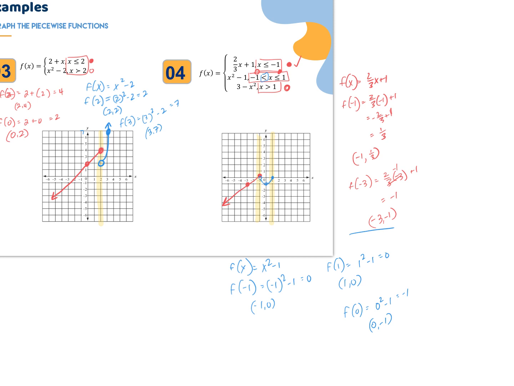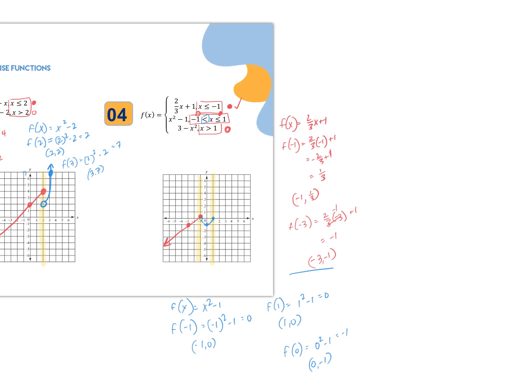And then I'm going to go now to the last one, which is the last equation. The last equation is 3 minus x squared. So f of x equals 3 minus x squared, and it's for all values greater than 1. So I'll start with 1, and that's also a parabola there, notice. 3 minus 1 squared, which is 3 minus 1, so it's 2.